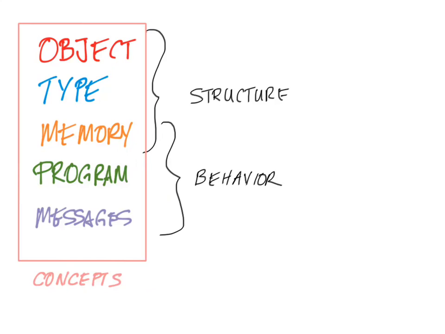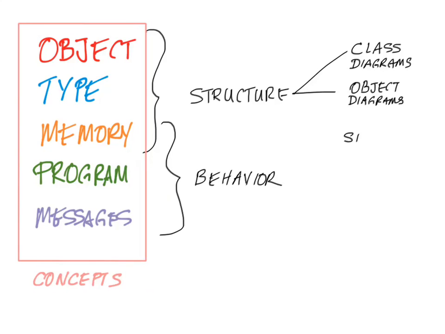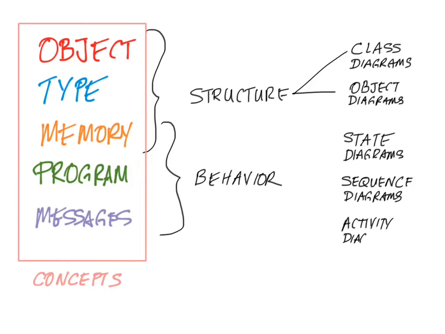So now I want to see how would we look at structure and behavior through various kinds of diagrams we might draw. Class diagrams and object diagrams are how we generally will be thinking about structure. We'll also be looking at state diagrams, sequence diagrams, activity diagrams, and use case diagrams.